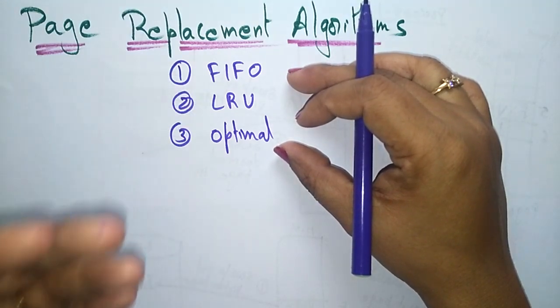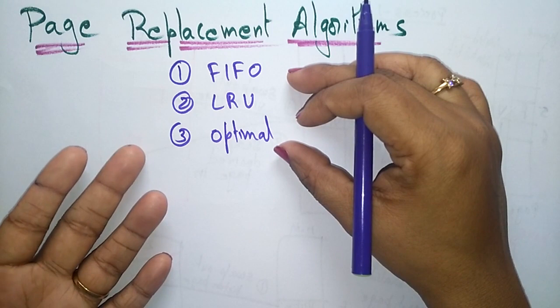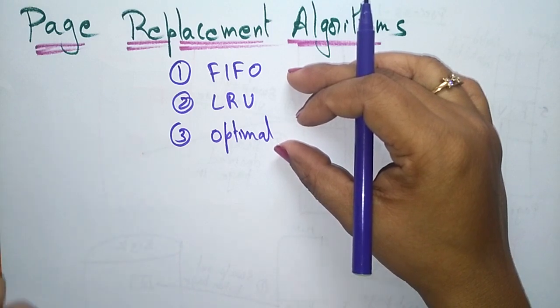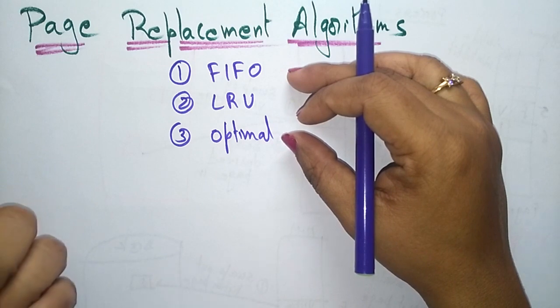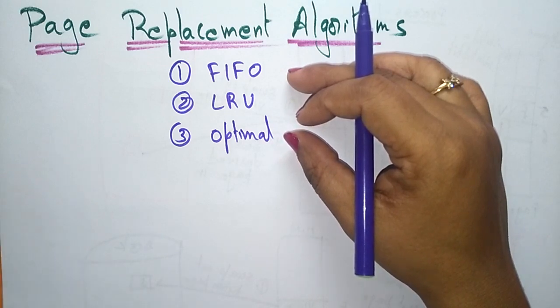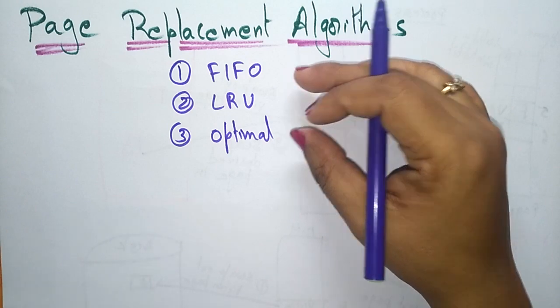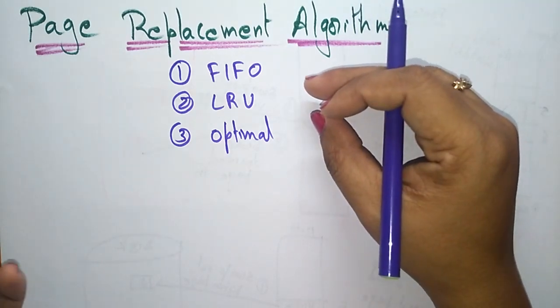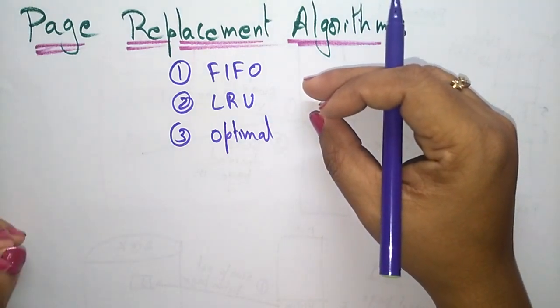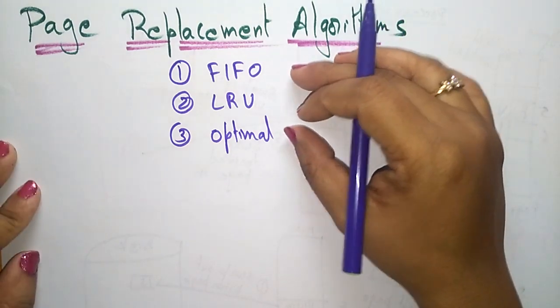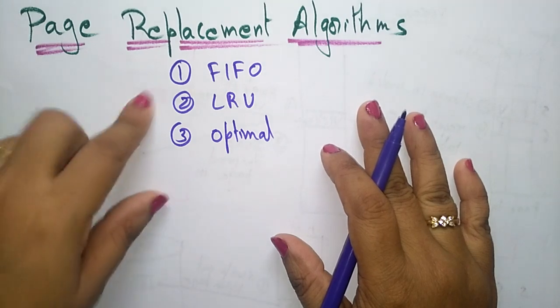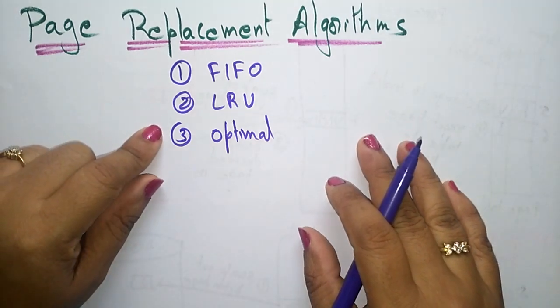Because with the help of these, we can find out which replacement algorithm incurs fewer page faults, fewer errors. Hit ratios and miss ratios can be calculated, and based on those values, we can select the best algorithm. So these are the three different page replacement algorithms.